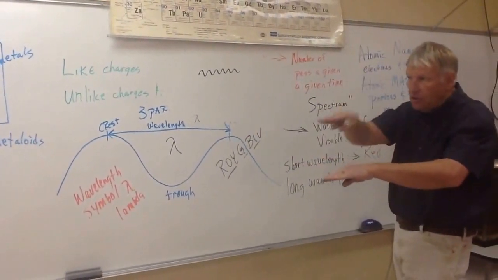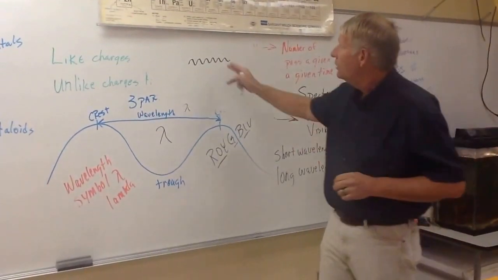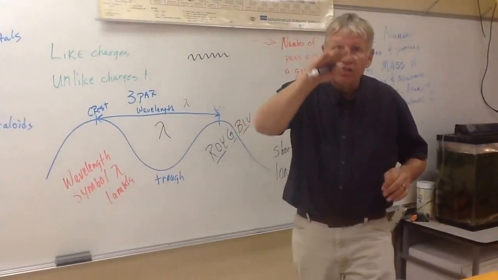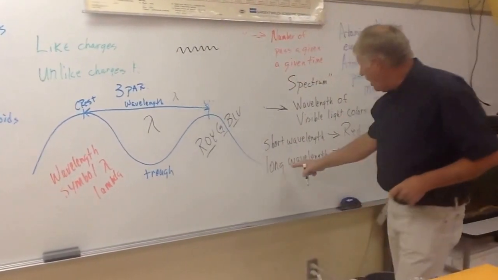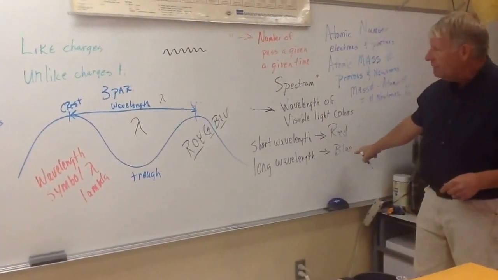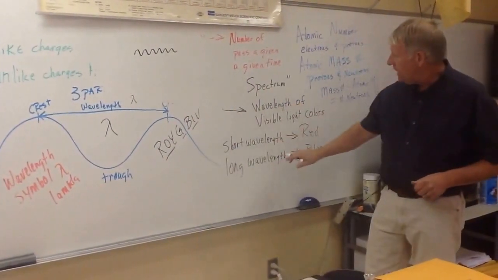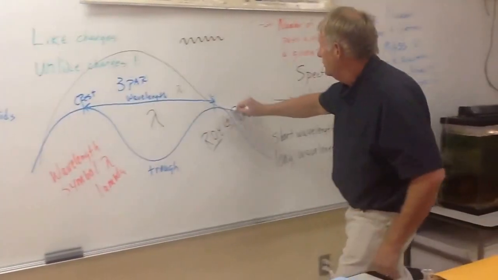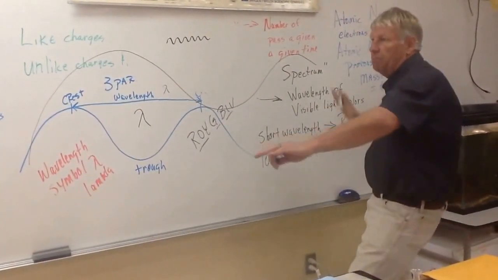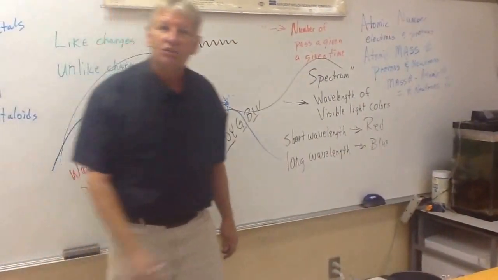As they come at you, your brain is actually trying to figure out the wavelength, crest to crest. So when a red light is coming at you, you notice it because it's really intense. The long wavelength is blue, the blue, the indigo, the violet. On this end of the spectrum, that's a long wavelength. That's this nice big wave that comes in, and it's actually very relaxing to the eyes.